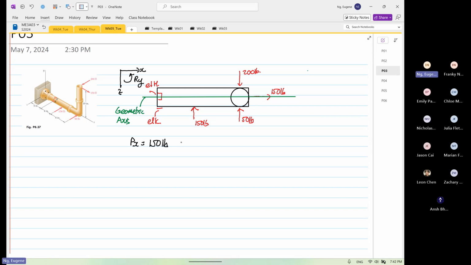So this is your axial load or axial force is in line with the what? Geometric axis, right? As long as it's in line, it's going to be your what? Axial force, okay? So now you view from here 150 pounds will generate your axial force.